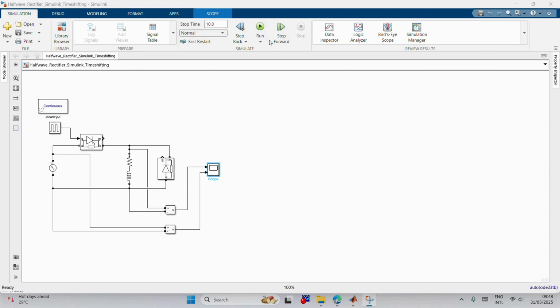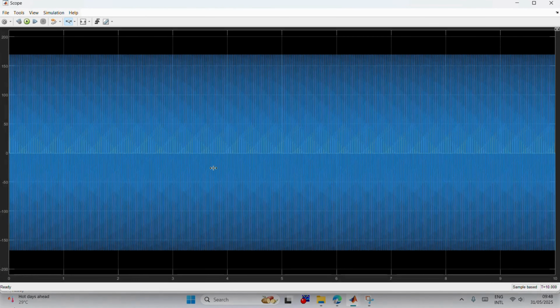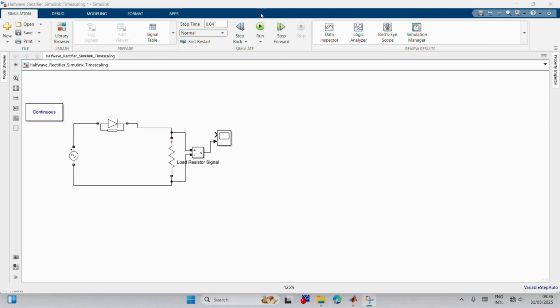So I'm going to run this code. We can see the oscilloscope display of the delayed half-wave rectified signal. We're moving to the first transformation, which is time scaling. To do this, we're just going to add a frequency to the AC signal. We can't actually see the changes if we use only one AC signal.